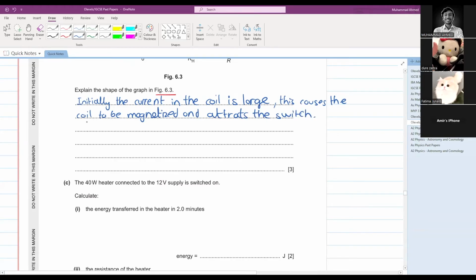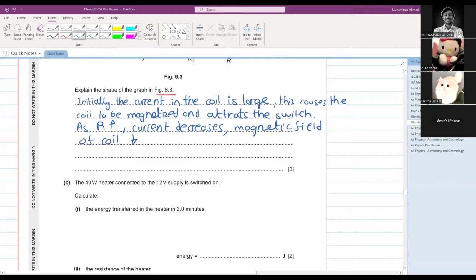Now you will write the second thing. You will say as resistance increases, the current decreases. And as the current decreases, the magnetic field of the coil also decreases.